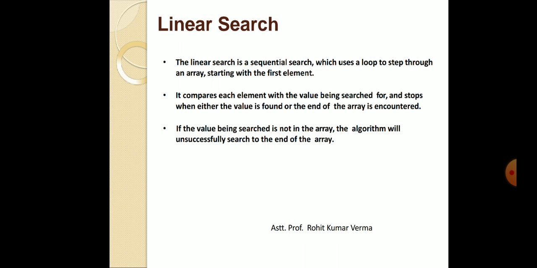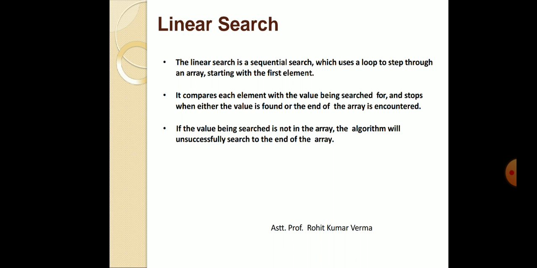In case of linear search, first of all you are given an element which you have to search. Then you are given an array. After getting the value to find and the array with values, you can start to search the value one by one.